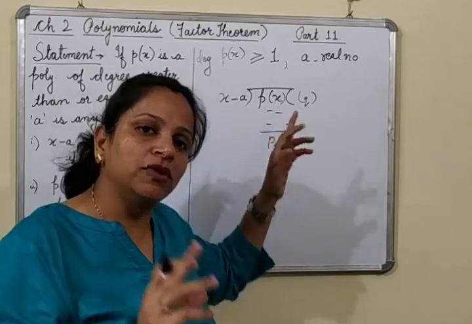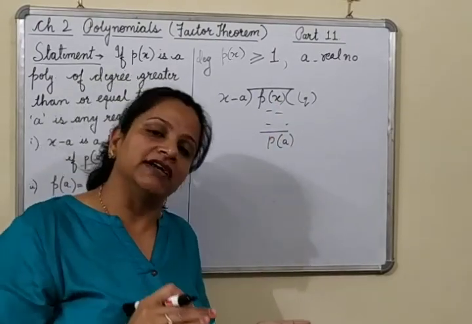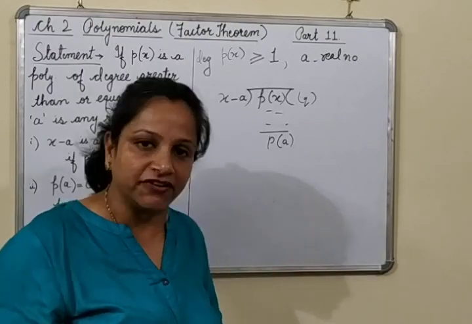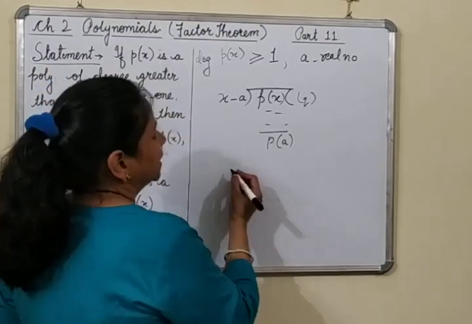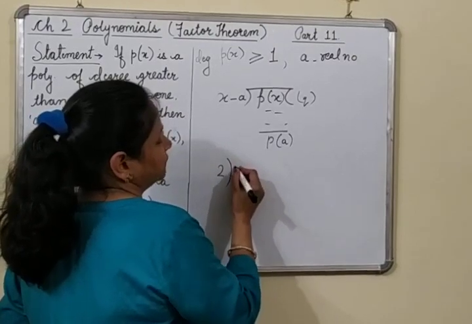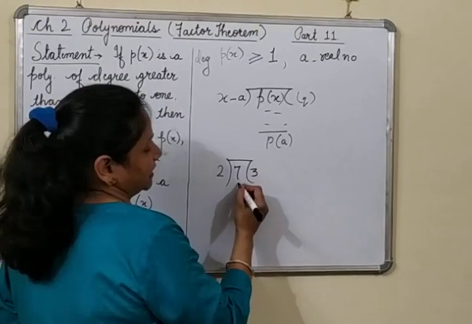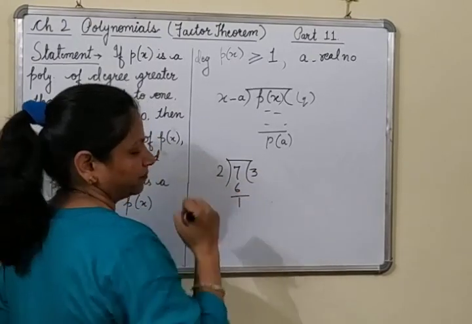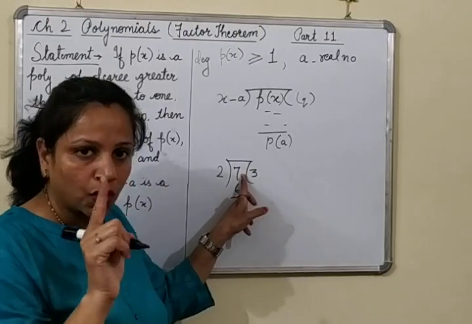That if this remainder is 0, then we say that x minus a is a factor of Px. And this is very simple, we already knew it. If the remainder is 0, then the divisor is always a factor of the dividend. Let's simplify a bit more. Suppose you have 2 and you have 7 here. You divide 7 by 2: 2 threes are 6, you have remainder 1. So is 2 a factor of 7? No. Why?